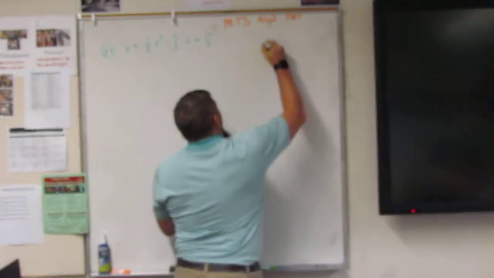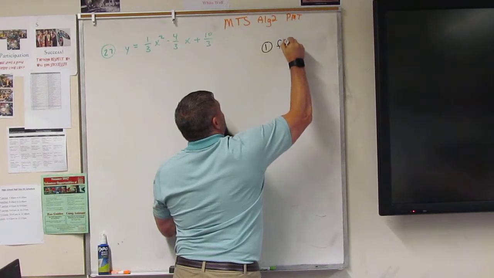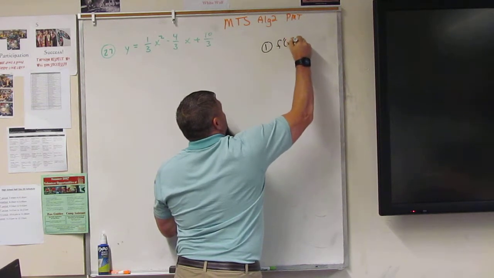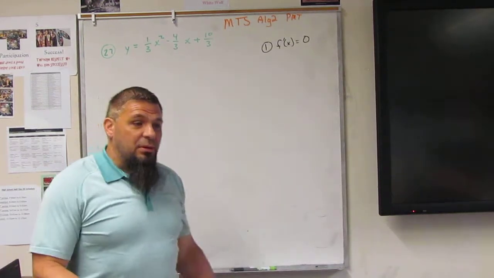So the first step is finding the derivative and setting the derivative equal to 0.